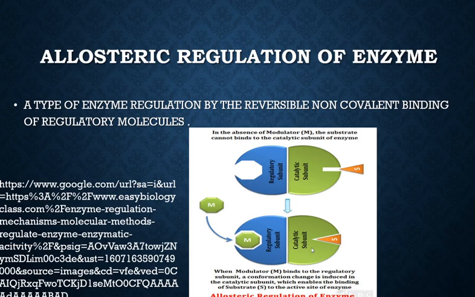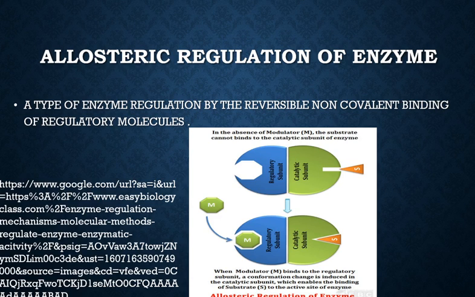Allosteric enzymes are usually larger and more complex than non-allosteric enzymes. Allosteric enzymes do not follow the Michaelis-Menten equation or kinetics, and they show a sigmoid curve when the velocity is plotted against the substrate concentration.